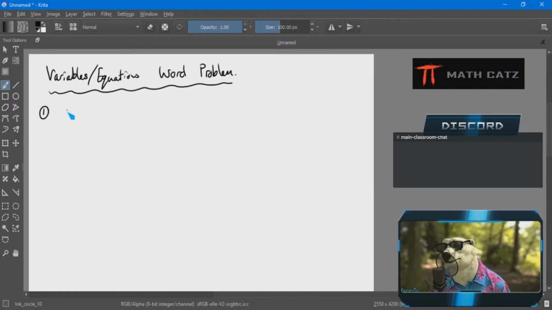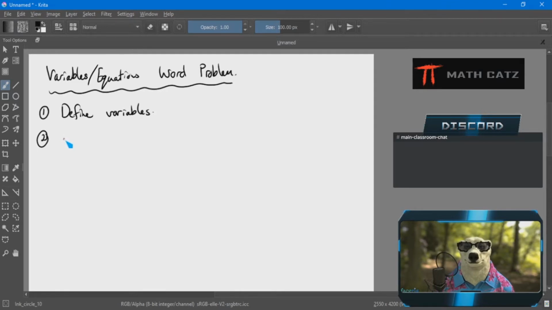Now, we've discussed this before, but the first step is clearly define your variables. What are you going to call them? What quantities are you going to associate variables with? That has to be clearly explained before essentially translating the English words into this mathematical language of variables and equations.